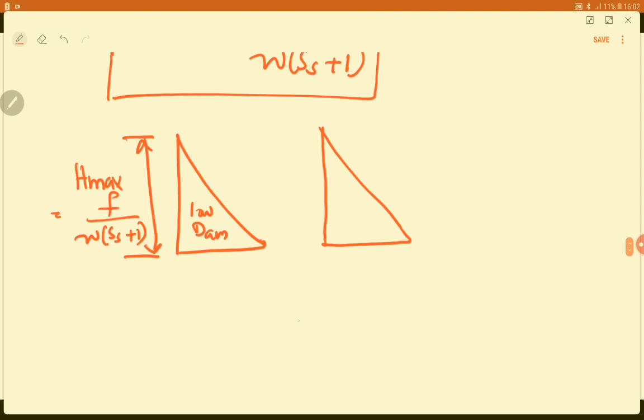Now if I have some height, this is my dam. In that case, it is called a high rise dam. That is, its height is more than the particular H max value for that particular material. If the height H is greater than the H max value, it can be called a high rise dam.